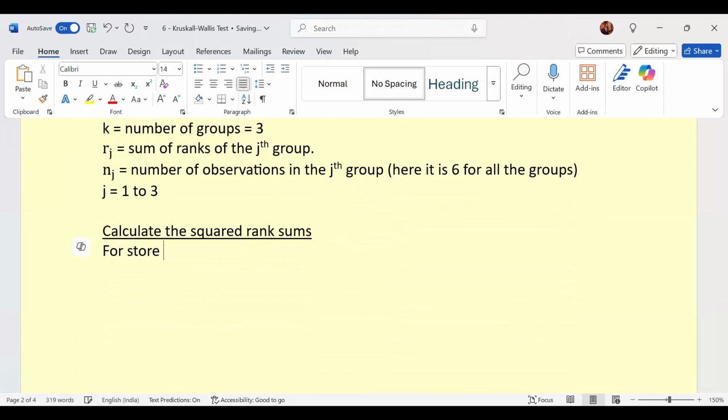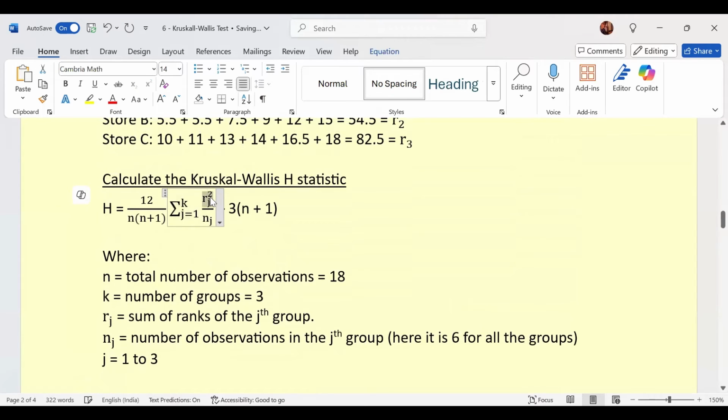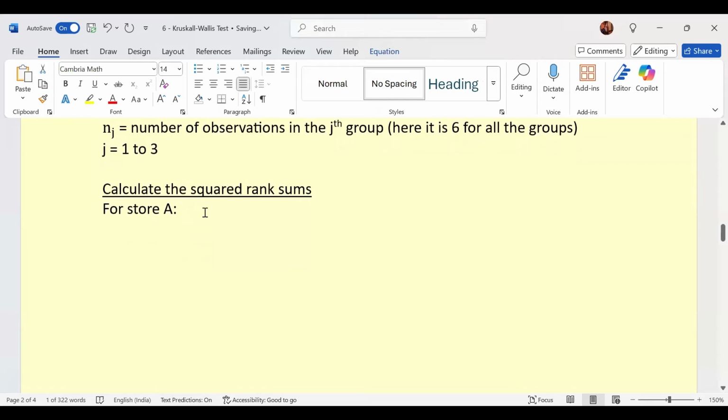For store A, R1 squared will be 34 squared. Thirty-four squared is 1156.